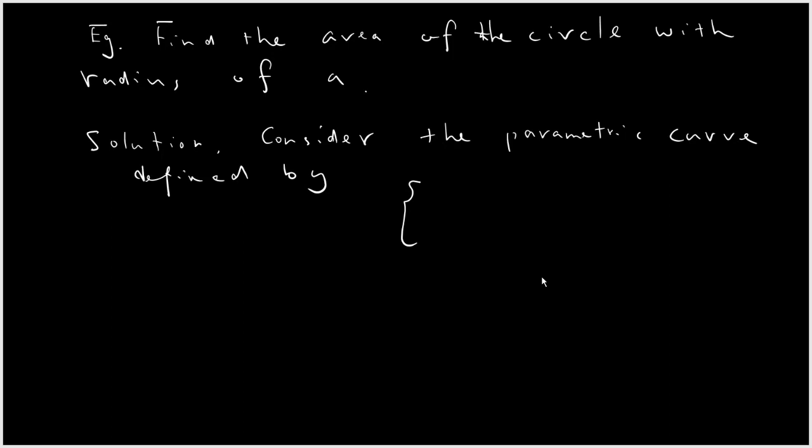So we'll use that. It's defined by x equals a times cos of t. We have seen that, right? y equals a sine of t. The curve is a circle when t is changing from 0 to 2 pi. Actually, it's a complete rotation. That's a circle.